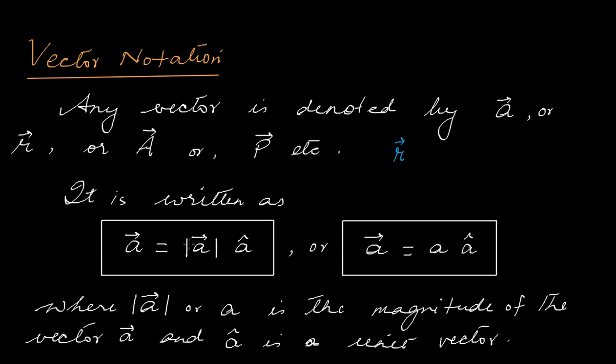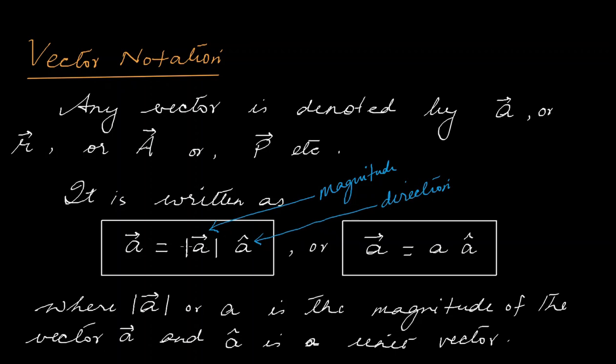So whenever you write a vector with the modulus sign, it represents the magnitude of the vector. Let me rub off this small r out here. And A cap out here is the unit vector, and the unit vector represents the direction.